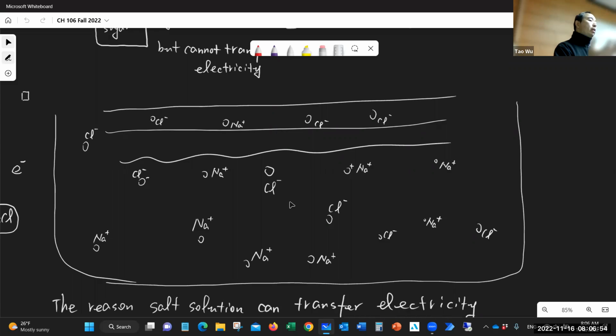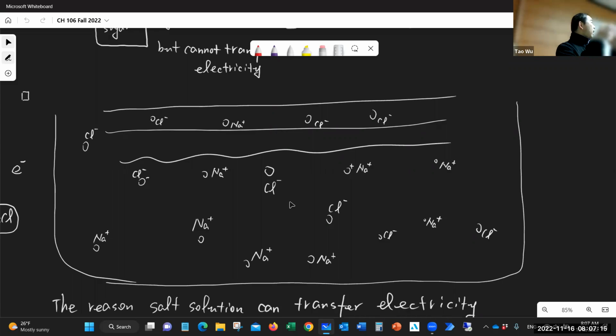Dissolving in water pulls those ions apart, so they become ions in the solution. That is why they can transfer electricity, because electricity also has a charge.